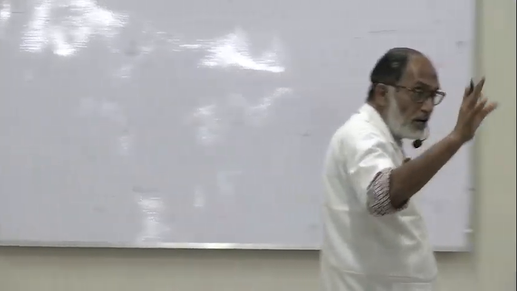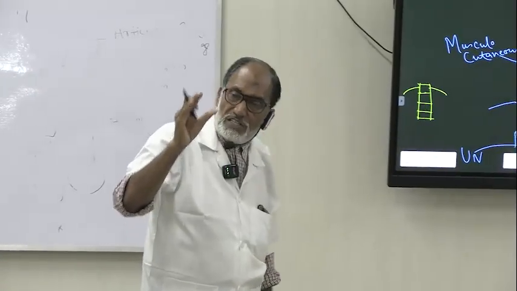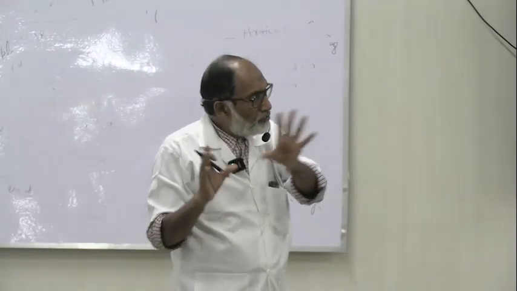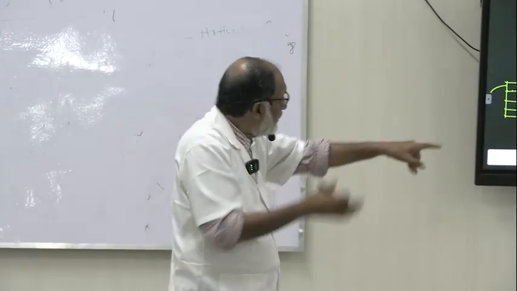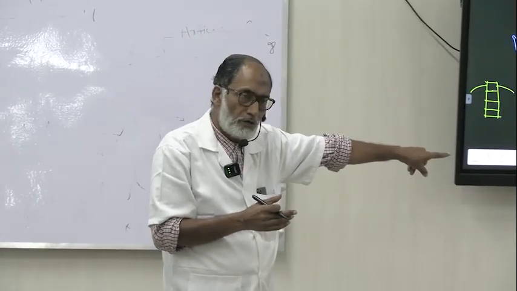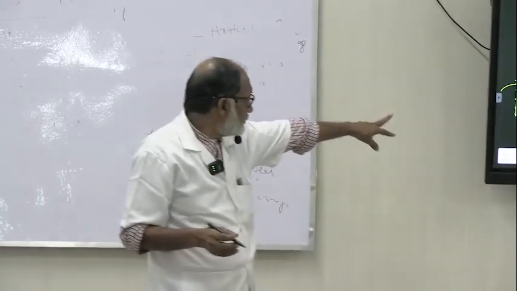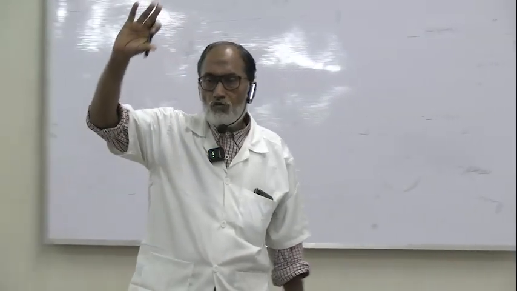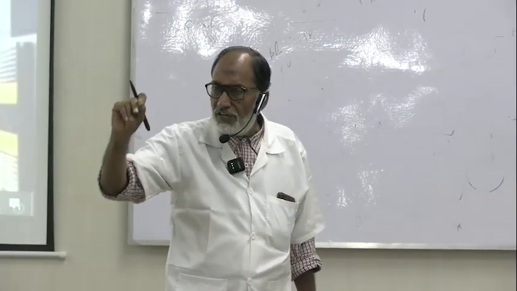Root value of the median nerve 5, 6, 7, 8, T1. That means there is contribution from all segments from C5 to T1. Likewise, the radial nerve also, their root value is 5, 6, 7, 8, T1.